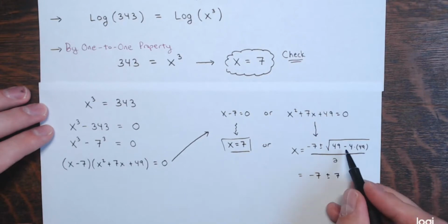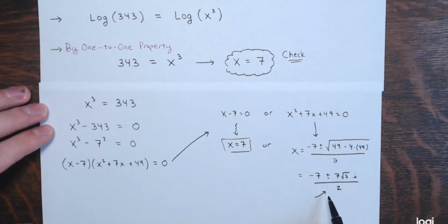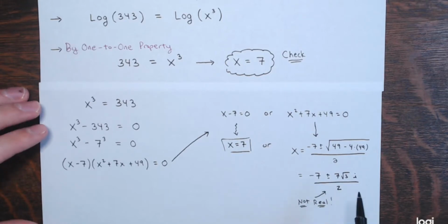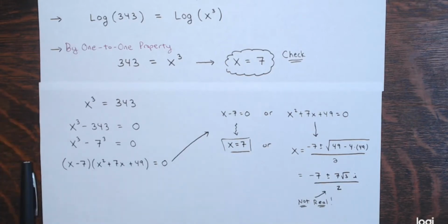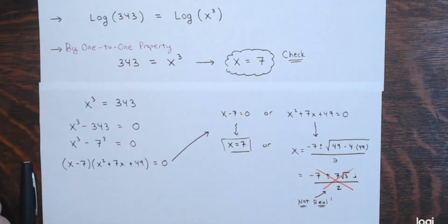If I pull out negative 3, that'd be 7 times the square root of 3 times i. That'd be the square root of a negative number, so I have this imaginary unit here. But notice that these two solutions are not real, they have an imaginary part. So I'm not going to use them. We're only looking for the real number solutions for these logarithmic equations. You should only be plugging in real numbers into logarithms.